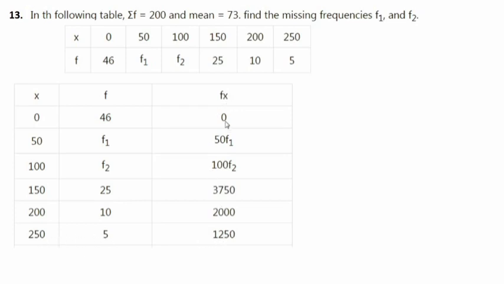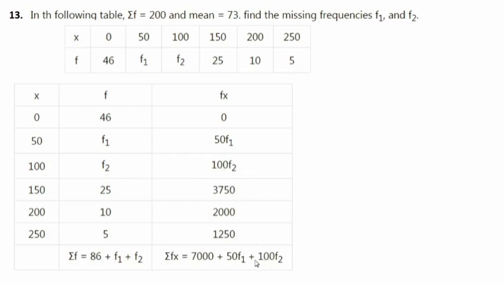So we got all the values of fx, but just getting the value of fx is not enough. We'll find the total of this as well. If you add only the numbers, you get 86, and you have f1 and f2, so the total turns out to be 86 plus f1 plus f2. The same happens here as well. If you add only the numbers, you get 7000, and we have 50 f1 and 100 f2 as well.